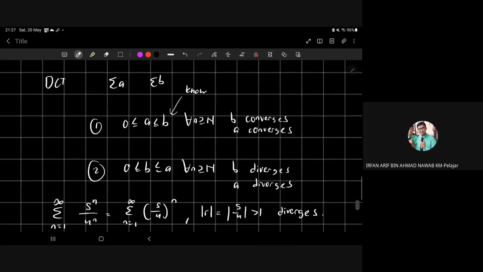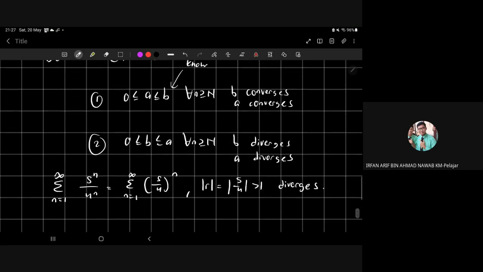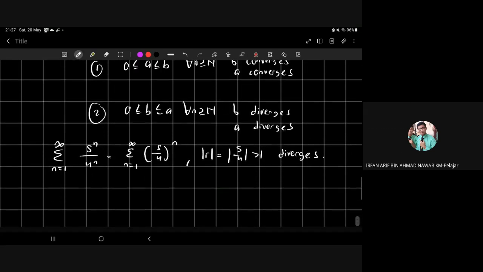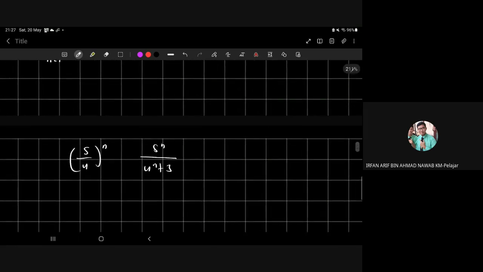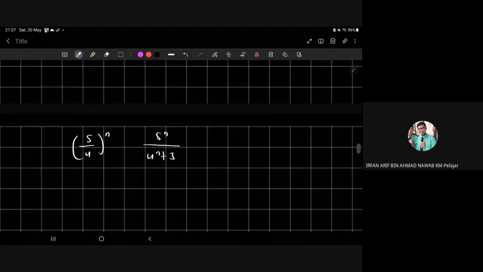So let's build the inequality. The way we want to build it is that first we write down both series side by side, like the following. The reason why this works is that the terms are always positive. Then the inequality sign doesn't change no matter what value of n, because n is a natural number from 1 up until infinity.